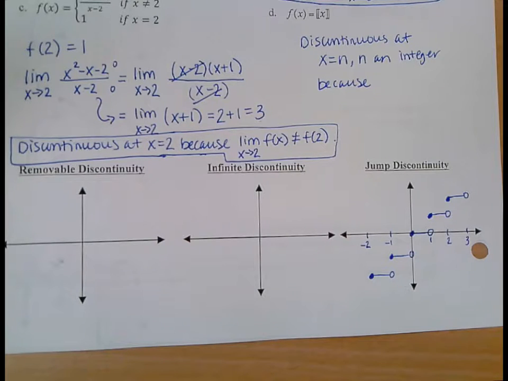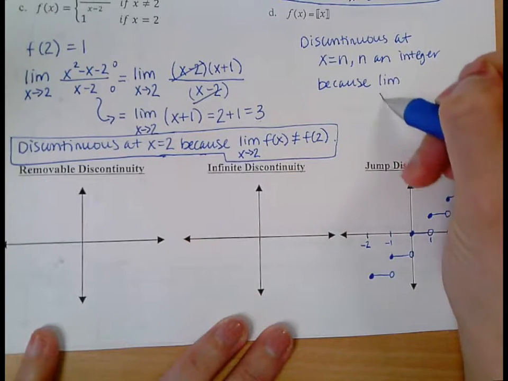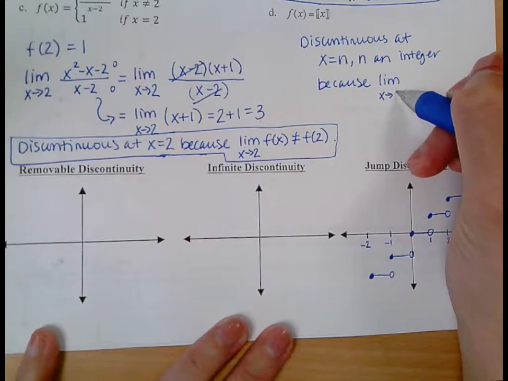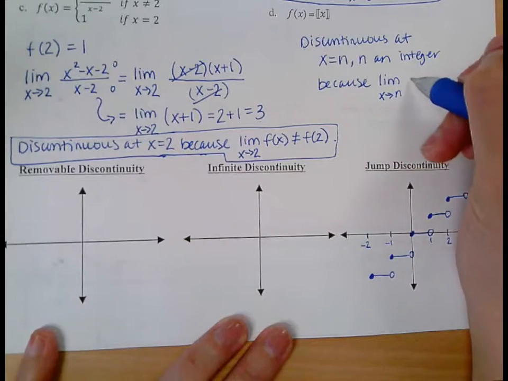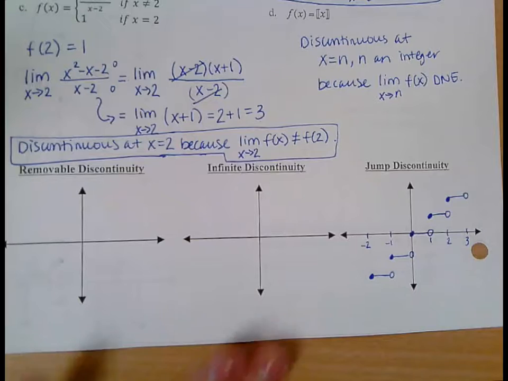But you could say the limit isn't equal to the function value because the limit doesn't exist. So we would say the limit as x approaches any integer n of f of x doesn't exist. The function value at every integer will exist somewhere, but the limit will not.